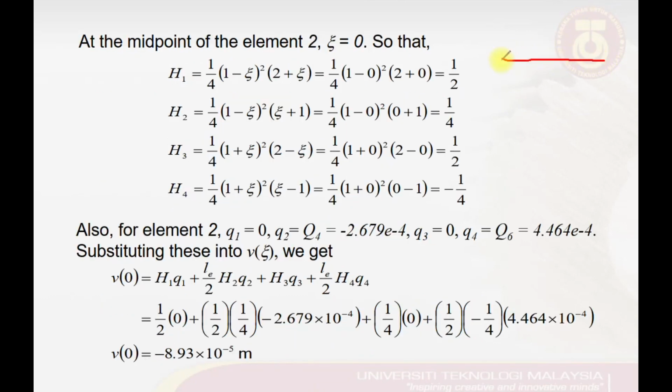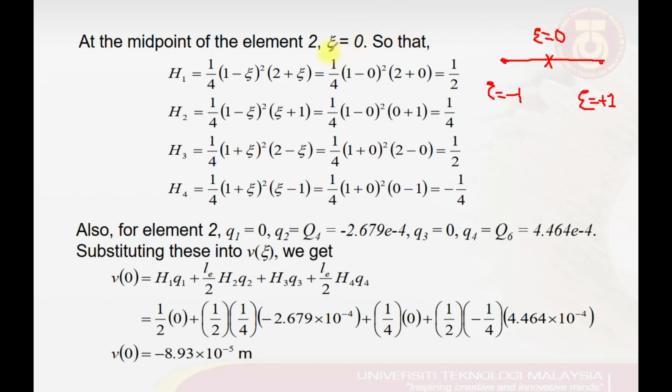Knowing that the value of the natural coordinate system for one element is z equal to -1 on the left hand side and z equal to +1 on the right hand side of our element, then at the midpoint the value of z is equal to 0.